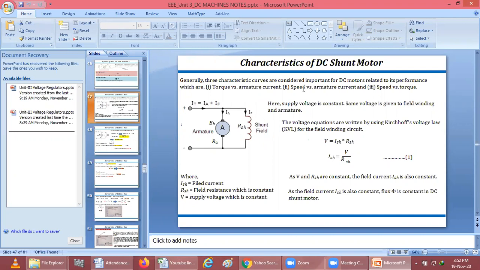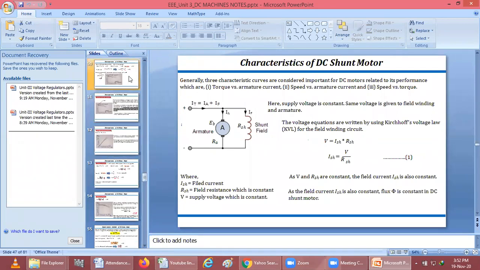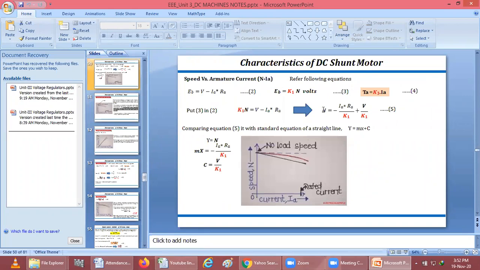Now you are supposed to draw the graph in the characteristics of DC shunt motor for speed versus armature current. That's why we are calculating the equations for speed. That's why I am rearranging these equations to derive the equations for speed. When we put the back EMF equations in the equations which we get from applying KVL to the DC shunt motor, you will get the equations for speed.